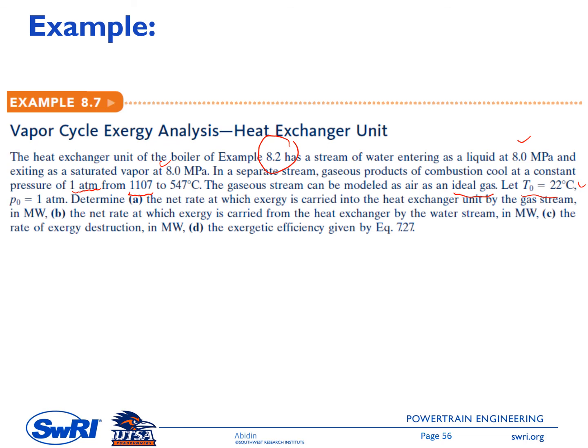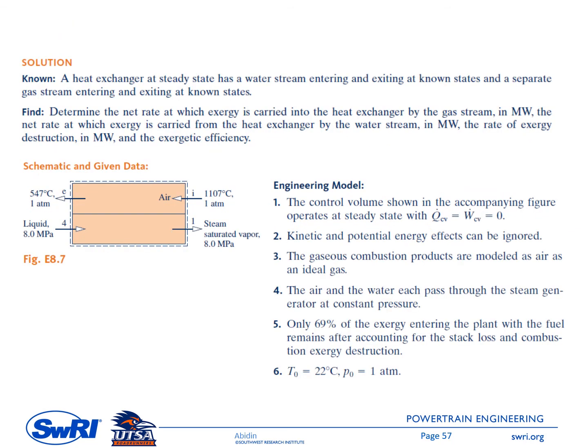The question is to determine the net rate at which exergy is carried into the heat exchanger by the gas stream in megawatt. And the second question is the net rate at which exergy is carried from the heat exchanger by the water stream. And then question number 3 is the rate of exergy destruction. And the last question is the exergetic efficiency. Let's take a look at this solution.